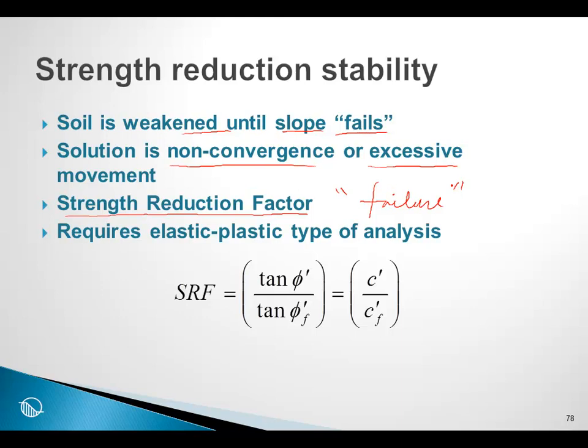When doing a strength reduction type of analysis, we need to do an elastic plastic analysis such that we can accommodate overstressing and do the redistribution of the overstressed amount to bring us back onto the critical state line. So the definition of the strength reduction factor is tan phi prime divided by tan phi prime at failure, and cohesion prime divided by cohesion prime at failure.